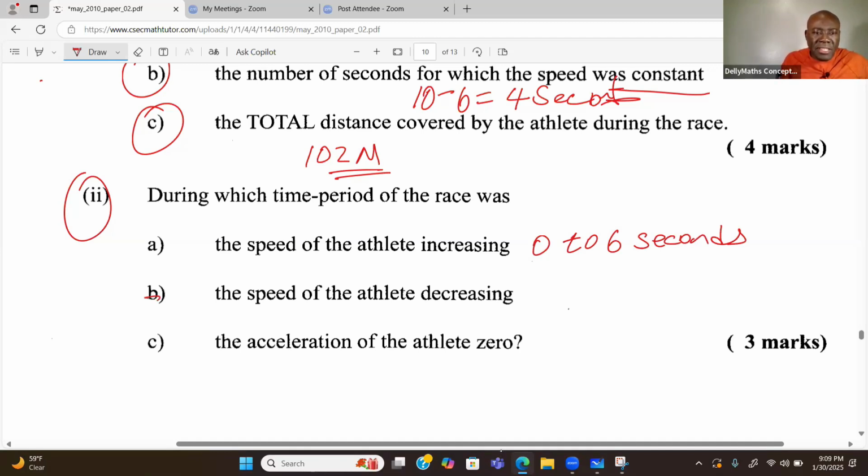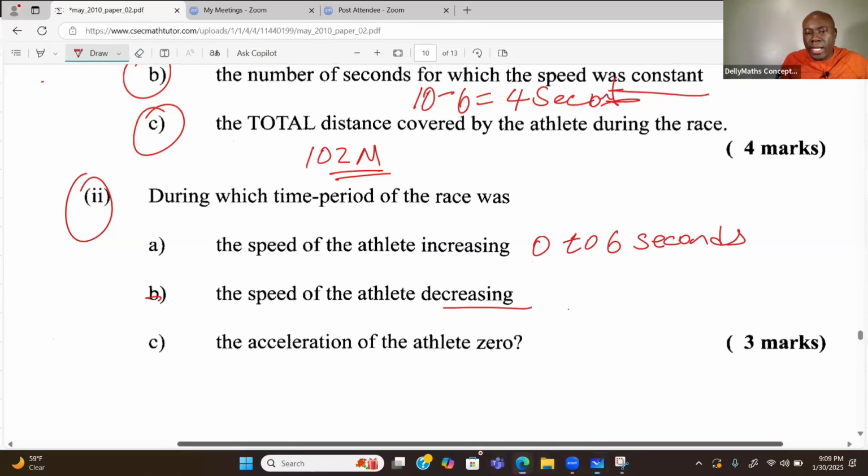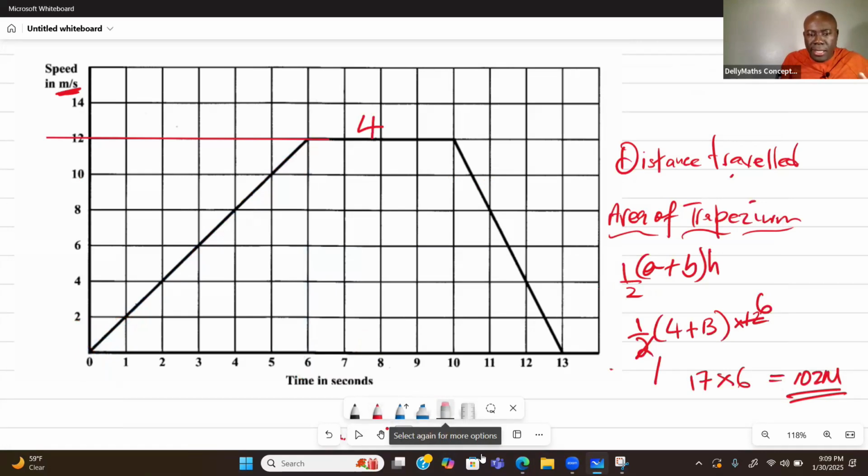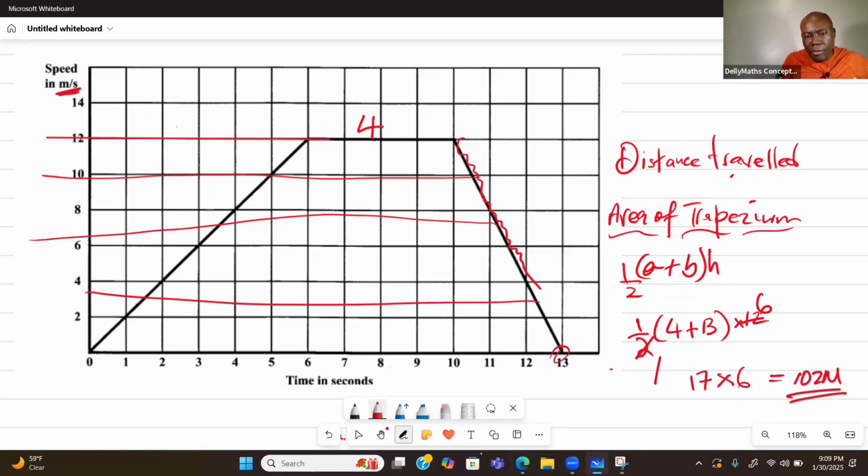Now, the B part says the speed of the athlete decreasing. Decreasing is when the speed is getting slower. If we double check this quickly, we notice that it's going down to smaller numbers until it reaches 0 here.